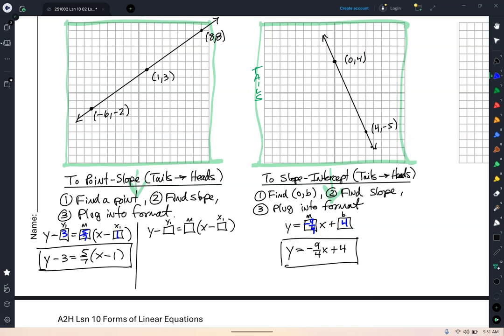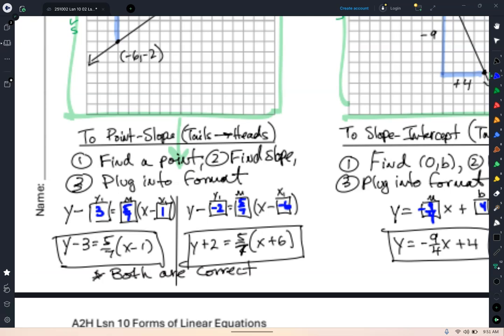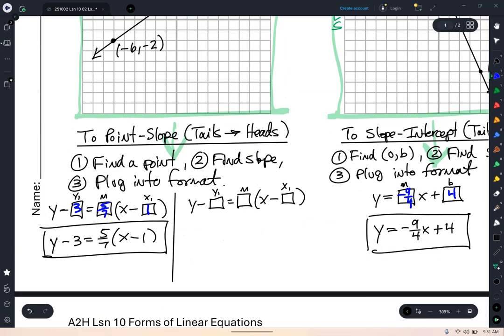Okay, hang on. Watch this. Let's just for the fun of it, let's see what happens. Okay, I'm going to write it anyway. But here we go. What goes in the y1 box if we're using the -6, -2 point? Okay, this is -2. What goes in the m box? Okay, so that's still 5/7. That's still our slope. What goes in the x1 box? -6.